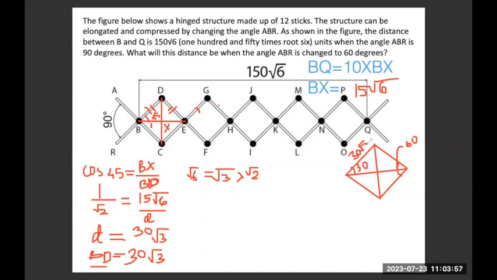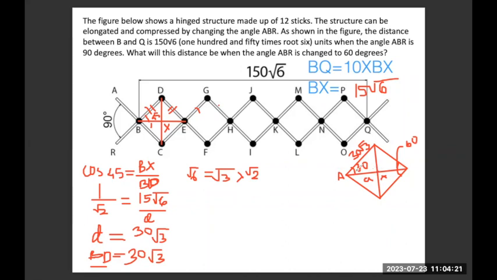This is 30√3. When this becomes 30 degrees, I need to find this dimension, which I'm writing as A. What is the value of A, which is half? Again AX or BX, either. I need this dimension, only the half. I don't need the full one.